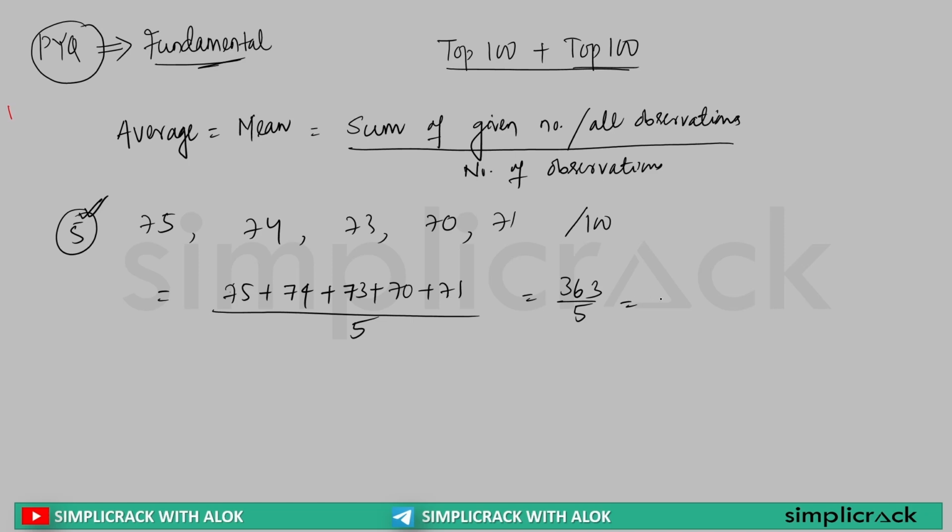If I solve it, 5 7s are 35, 1 3 there, 5 2s are 10, 3 there, decimal, 5 6s are 30. So the average score of all the students is 72.6.